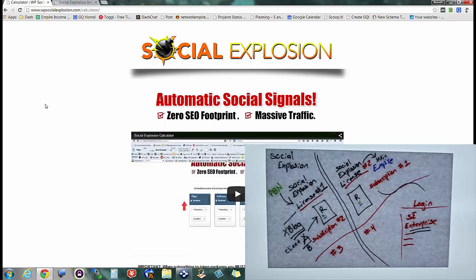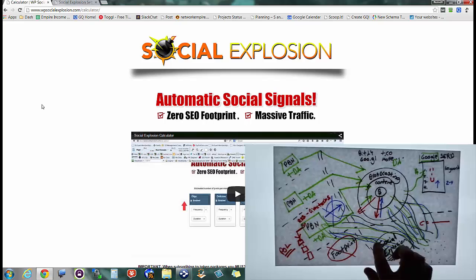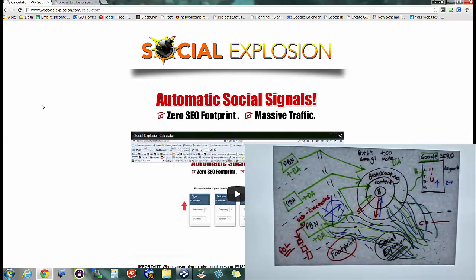So all of that being said, the Social Explosion RSS feed adds a new element where now you can blow yourself up and expend a lot of tokens by automatically sending this giant social signal exchange, domain authority, and traffic, in some cases, depending upon how much traffic there is running to those specific accounts that we're using for you.